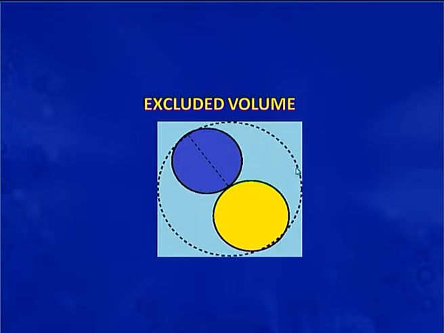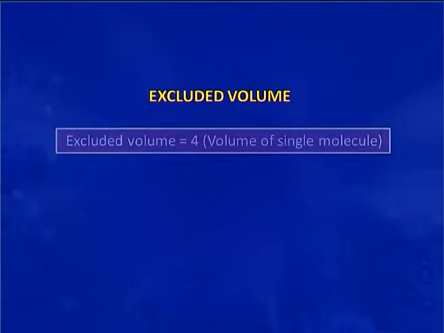The sphere indicated here by the dotted sphere will not be available to other molecules of the gas. In other words, the dotted sphere is the excluded volume per pair of molecules. So, excluded volume is equal to 4 times the volume of a single molecule.